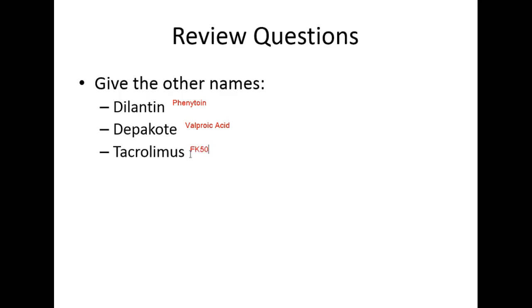Tacrolimus is FK506. Okay. So Dilantin is phenytoin. I don't have much help for that, but Depakote is valproic. They both have P's in them. I don't know if it helps you, but some people, it does.